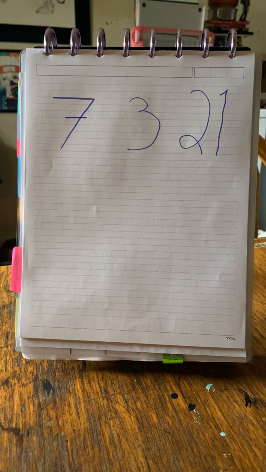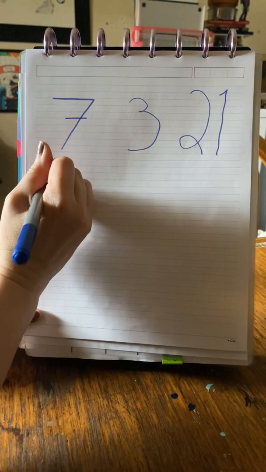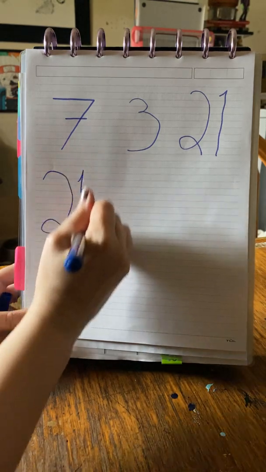Now these have to go in, at least part of it, a specific order. Two of them can swap places. One of them has a job. One of them always has to be our dividend. And we remember that our dividend is always our bigger number. So we're going to put our dividend in, and that has to be 21.